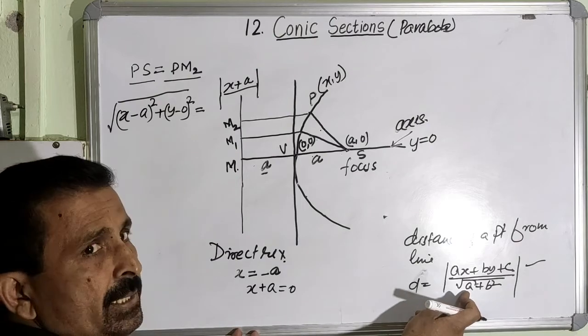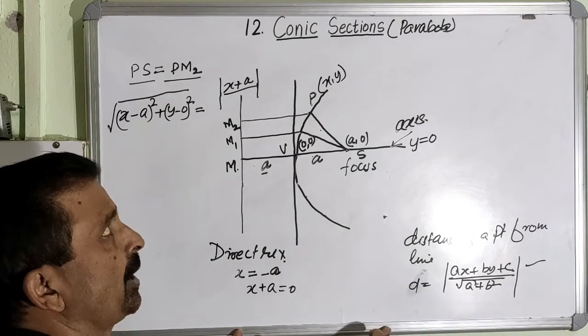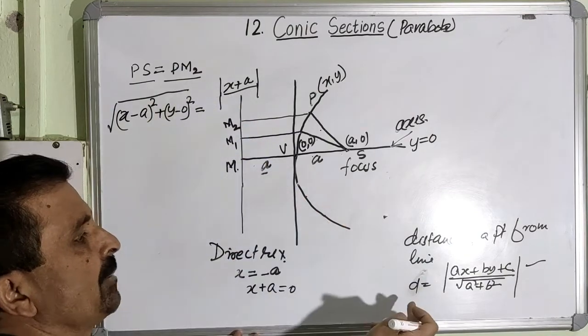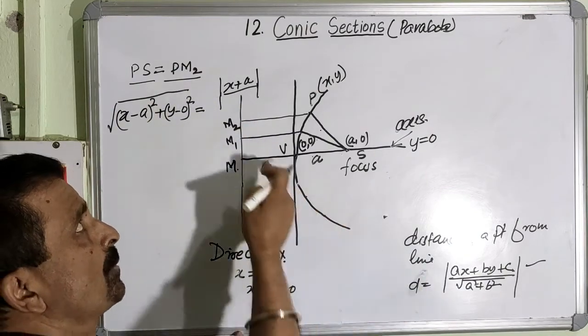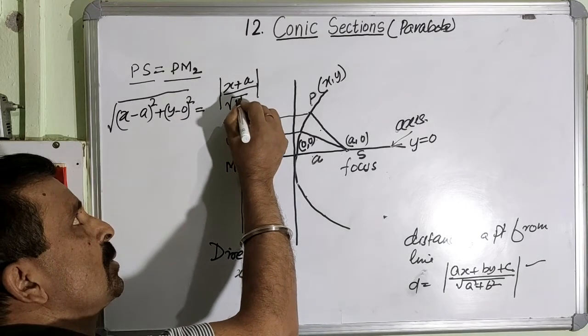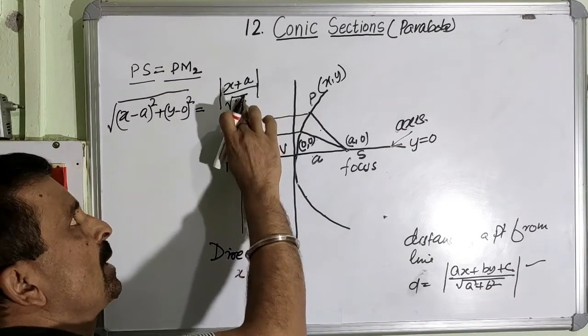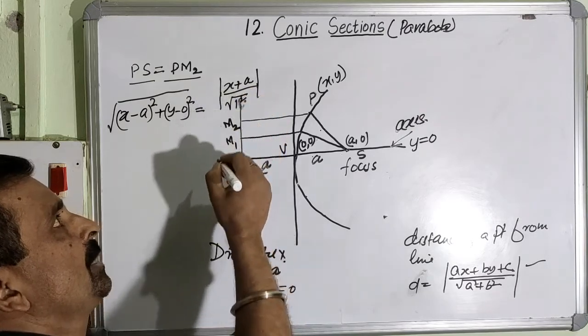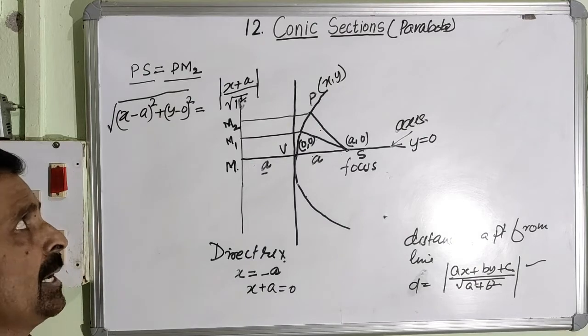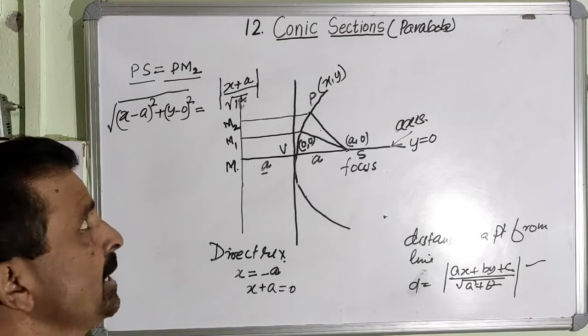You know a is the coefficient of x and b is the coefficient of y. In this equation we do not have y, therefore we just need the coefficient of x, and the coefficient of x is just 1. So we write this as root over 1 square. Now 1 is such a number that if you square it, its value remains the same, and if you find the square root also, it remains the same.